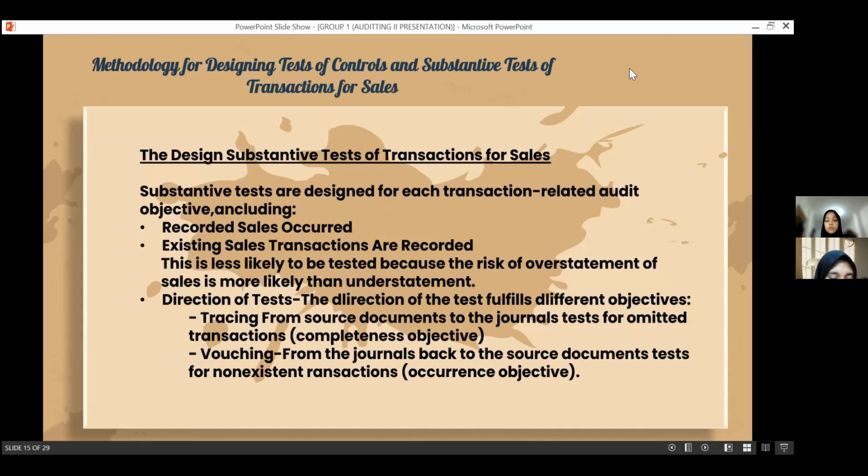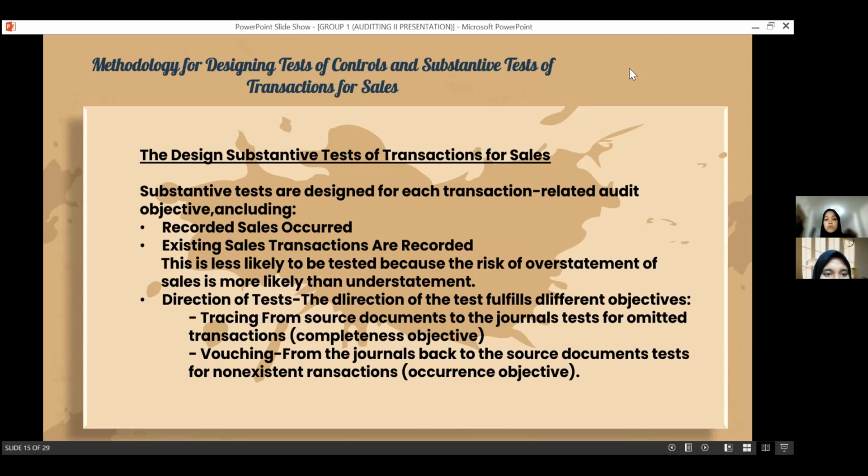And the third, shipment made to non-existent customers and recorded as sales. The first 2 types of misstatement can be due to an error or fraud. The last type is always a fraud. The potential consequences of all 3 are significant because they lead to an overstatement of assets and income.